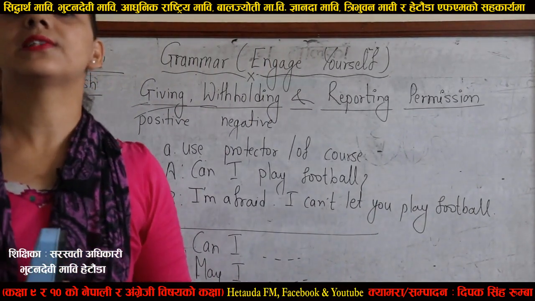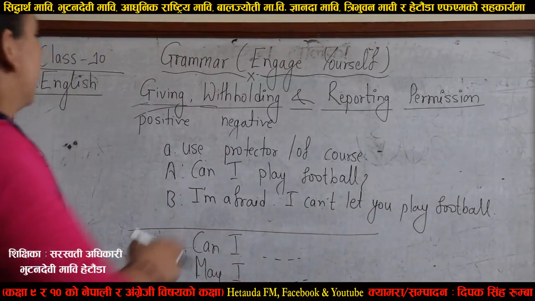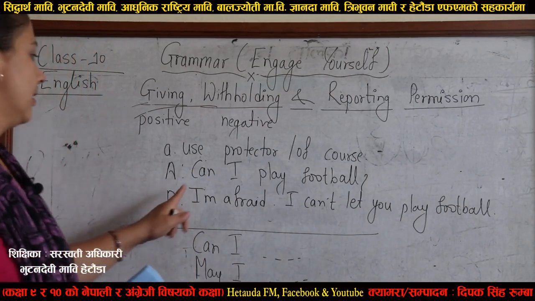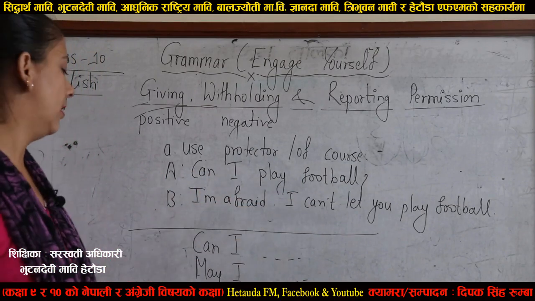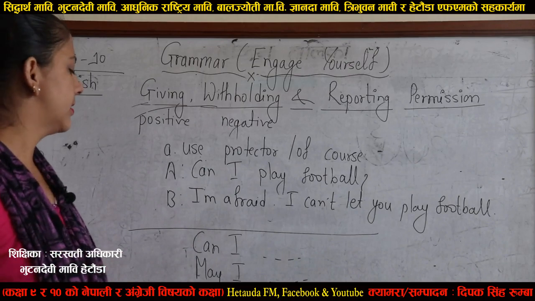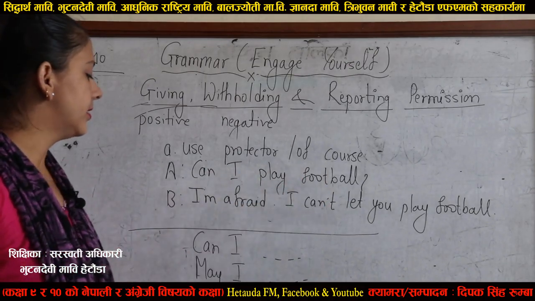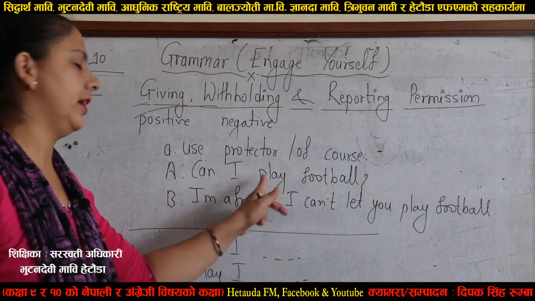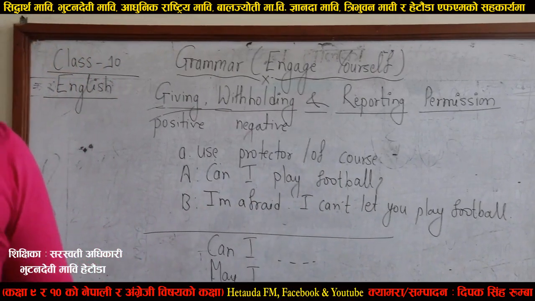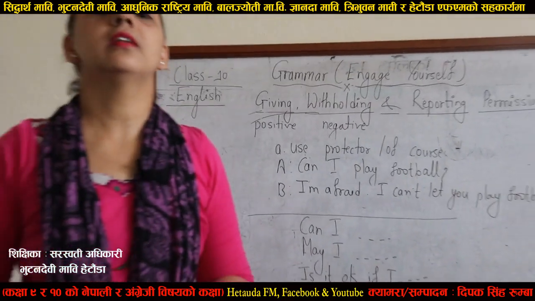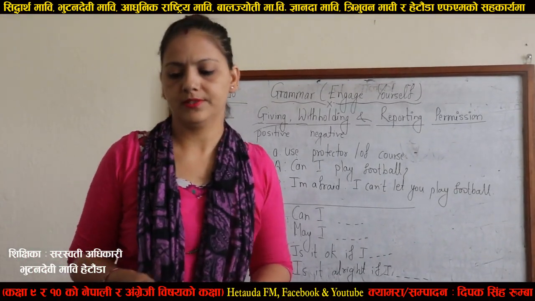It is rejecting permission. So, in the place of can I, you can also write there, may I play football, or is it okay if I play football, or is it alright if I play football. In this way, we can have similar types of conversation as given in the examples.